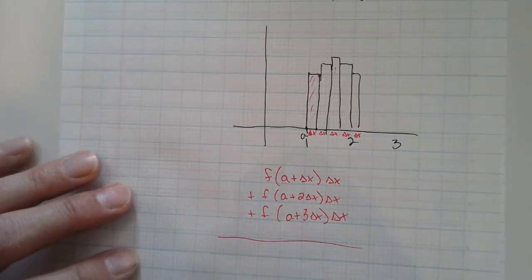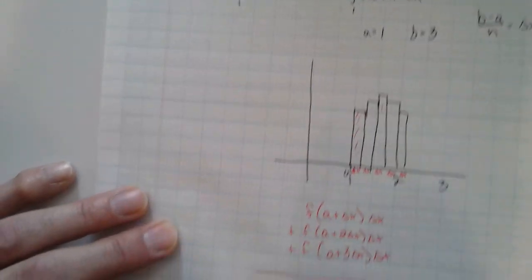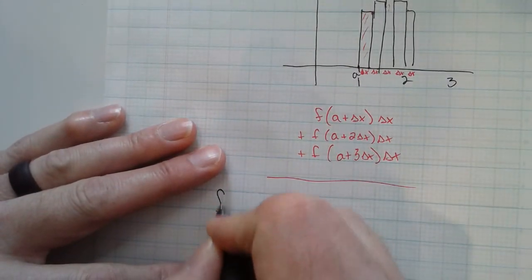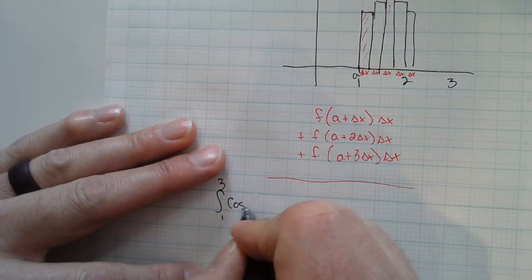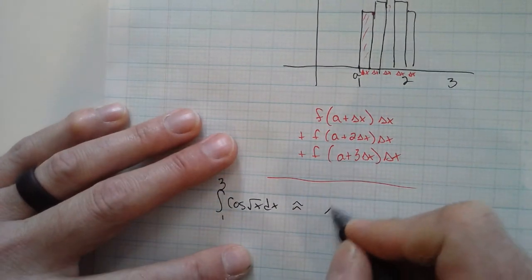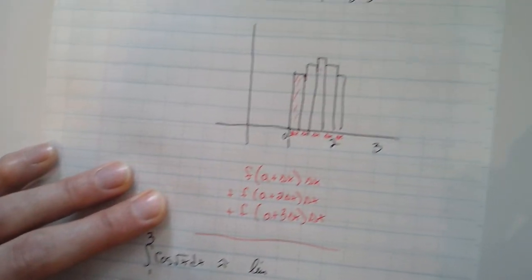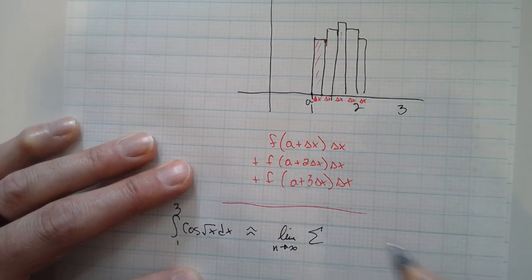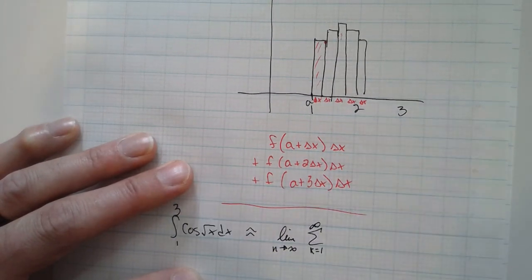Okay. So if we have the integral from 1 to 3 of the cosine of square root of x dx, it's approximately the limit as n goes to infinity, sum from k equals 1 to n.